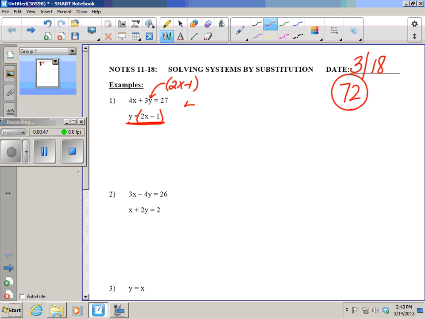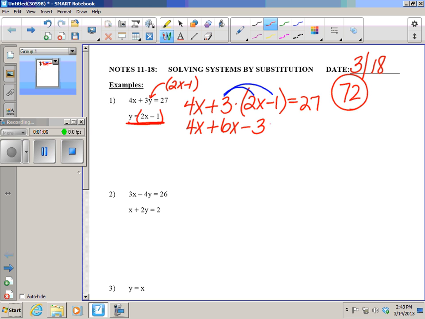So here we have 4x plus 3 times y, but y is now 2x minus 1, equals 27. I'm going to use the distributive property, and so I have 4x plus 6x minus 3 equals 27.